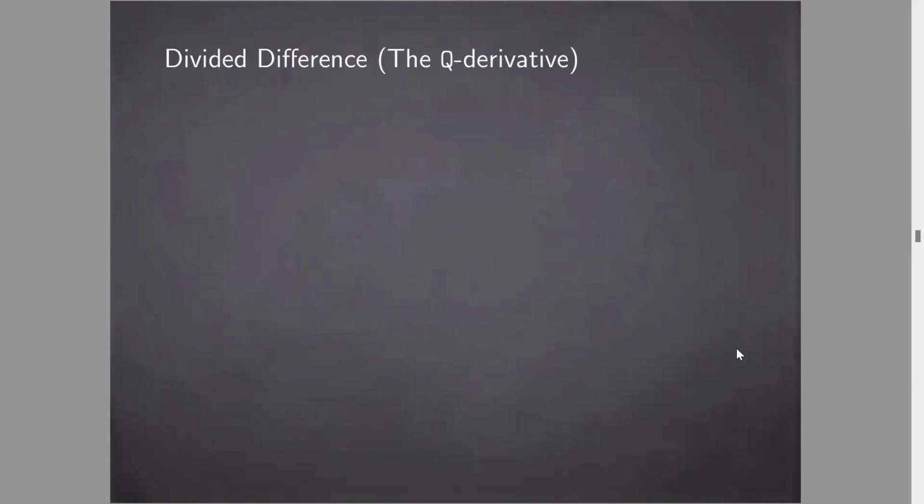So what is this divided difference? Before we go into the code construction, this turns out to be something that's called the Q derivative. It's also a very classically understood linear operator. In this case, we choose Q to be just the generator gamma of the multiplicative group. The Q here really is a placeholder.